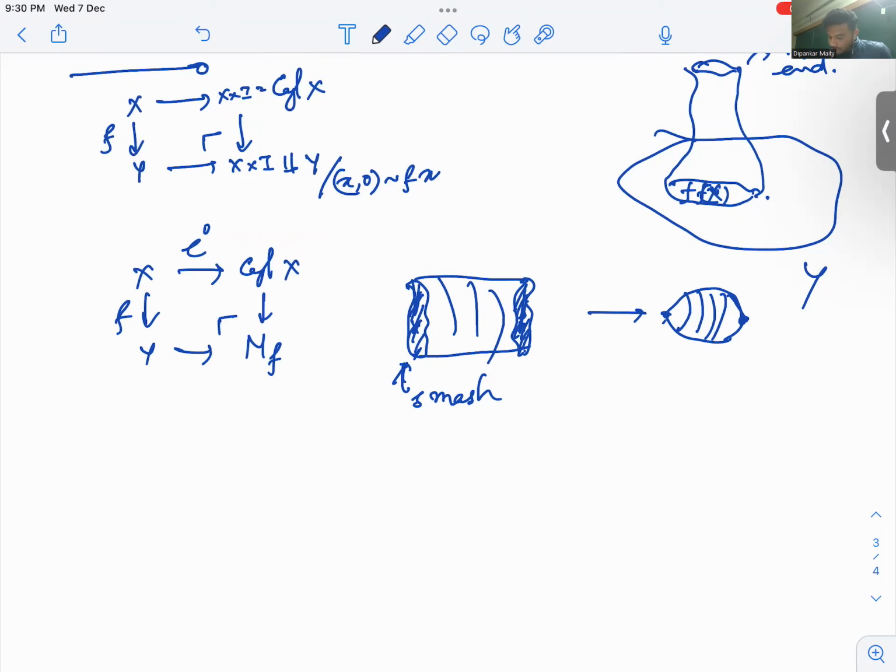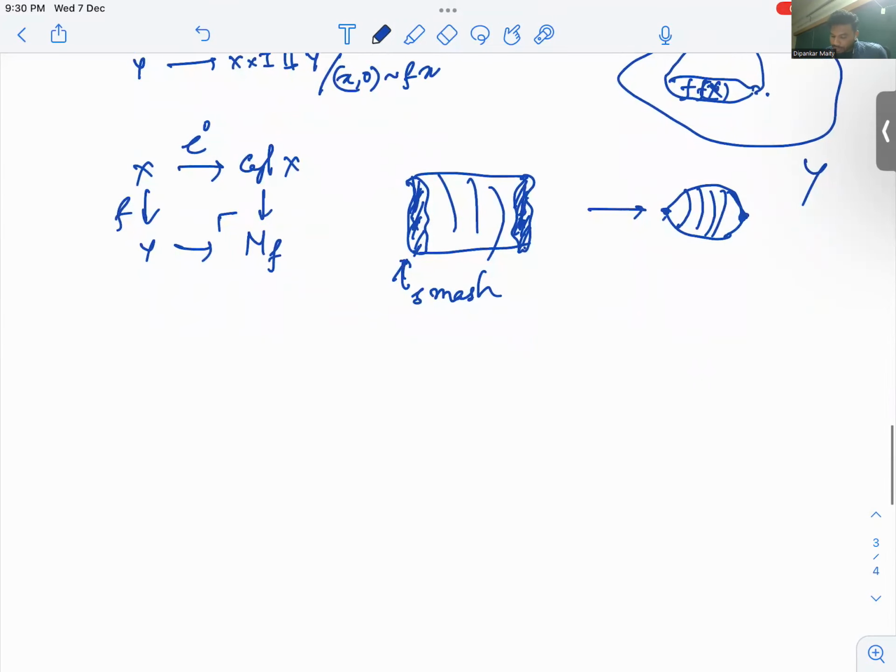But technically, what is happening is that you're looking at the two copies of x sitting inside the cylinder on x, and then you're smashing out the first one to a single point and the second one to a single point, which is to say that you're looking at the disjoint union of the terminal map.